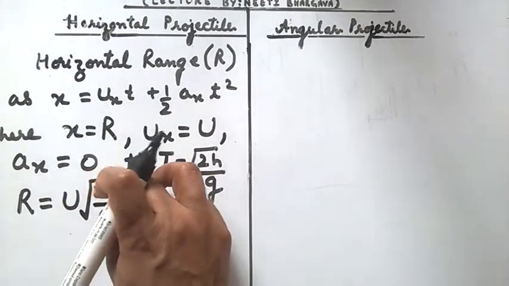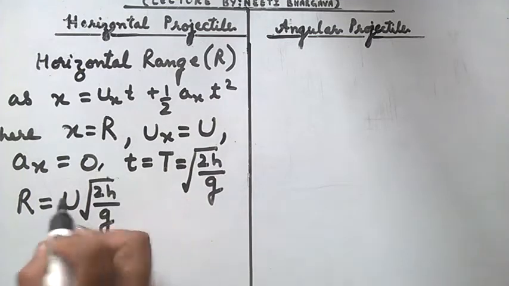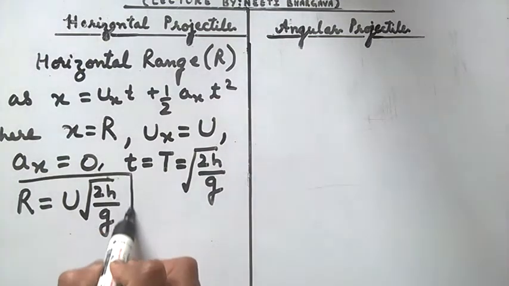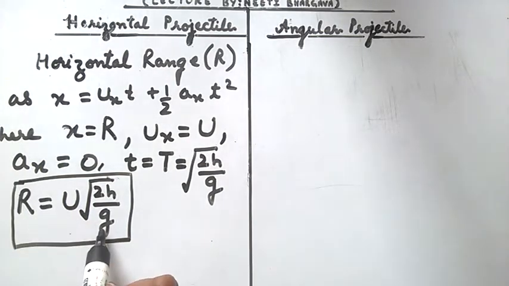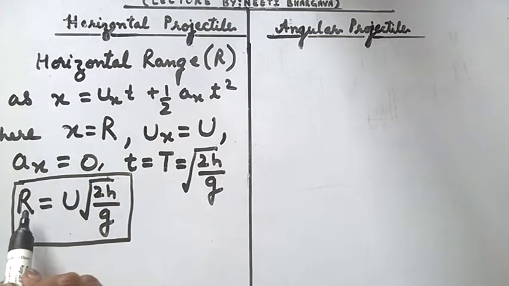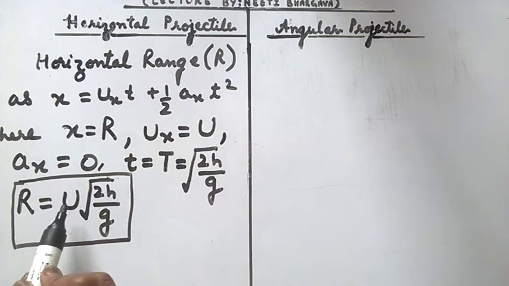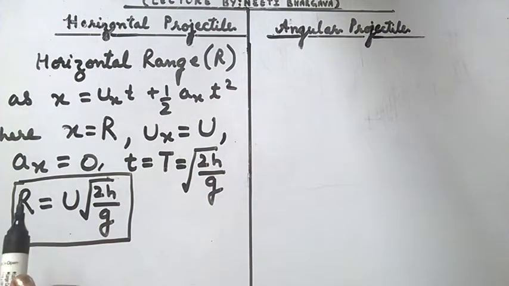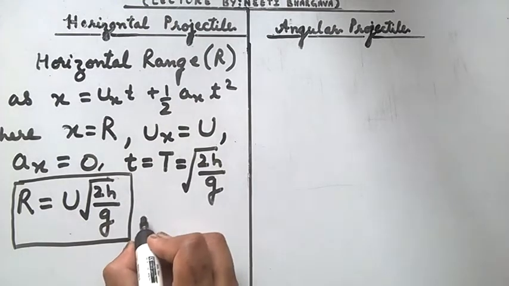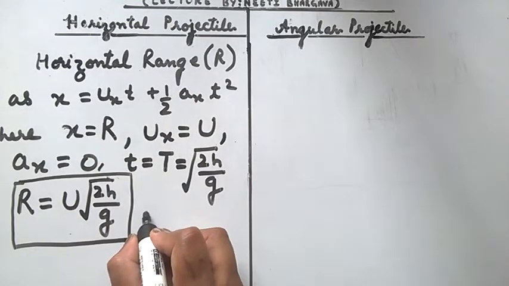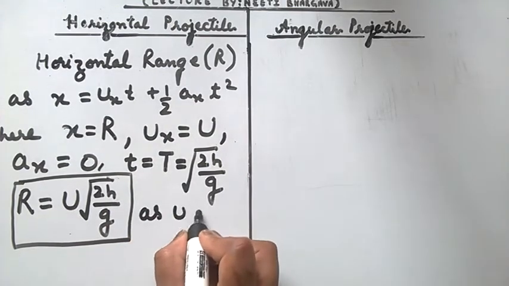Here we can see that height is constant and g is constant. Therefore, on increasing initial velocity, range of horizontal projectile will increase. That is, as u increases, then R increases.